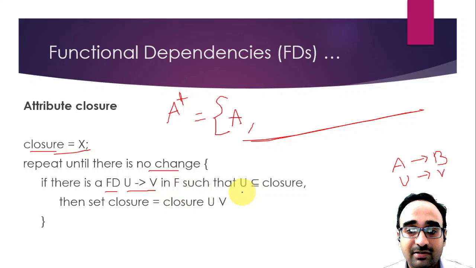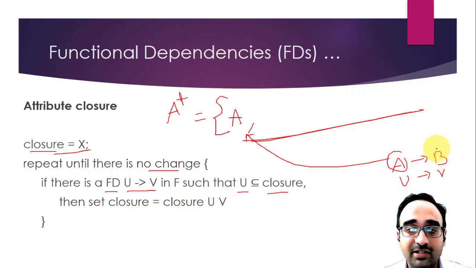They are also saying that there is a condition here. If there is a functional dependency like this where U is a subset of the closure, so U means A and A is a subset of the closure, so this condition is satisfied, right? Then what are they doing? They are doing closure equal to closure union V.